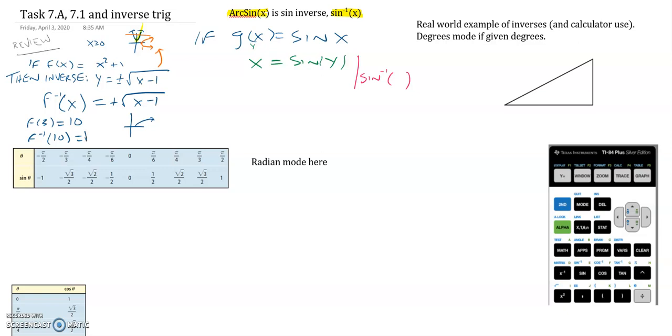You would get the square root of 10 minus 1, which is the square root of 9, and so that's positive 3. So do you see how these answers go back and forth? Plug and chug a 3 to get a 10. Well, if you go back through the inverse factory, which I like to think of these functions as, the 10 will come out the other side as what it would have been on the input of the other one, 3. So that's a key memory that you have to have to make sense of this, okay? So here we go.